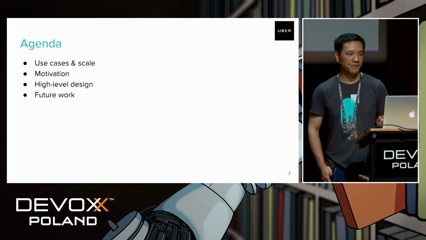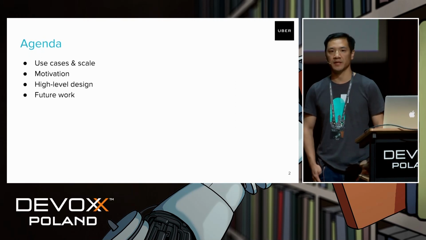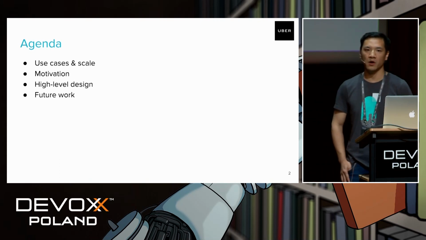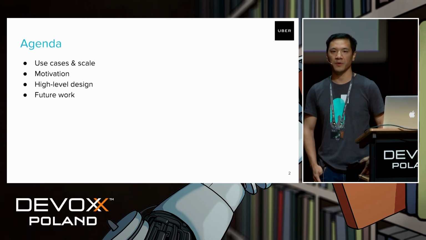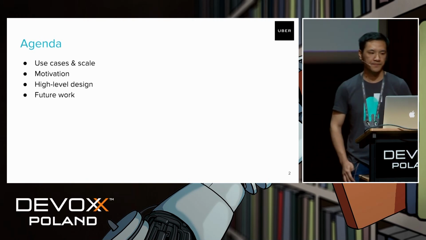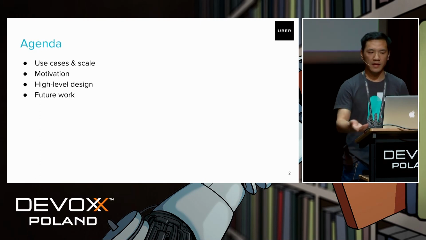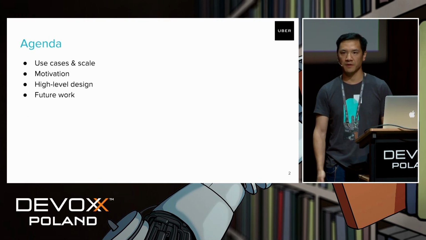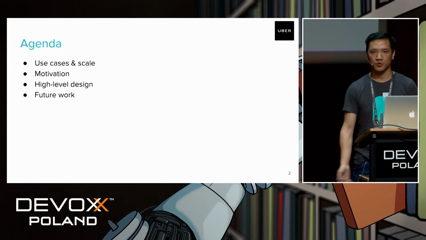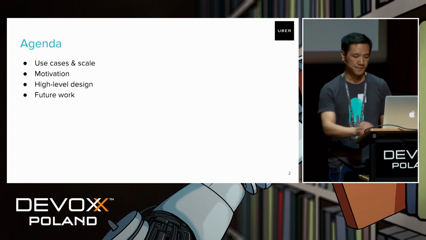As the first item in today's agenda, I will talk about some of our use cases and the scale of the messaging system at Uber that we built on top of Apache Kafka. Some of the use cases include rider-driver matching, fraud detection, trip processing, and so on.